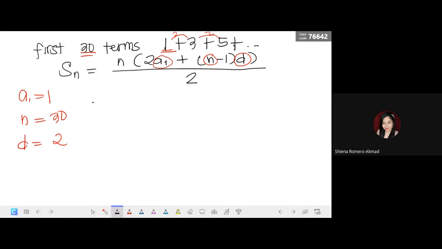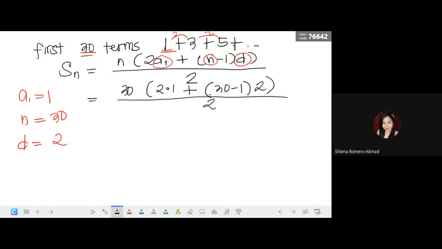We'll get n, which is 30, times 2 times a sub 1, which is 1, plus n minus 1 times d, which is 2, divided by 2. Okay?